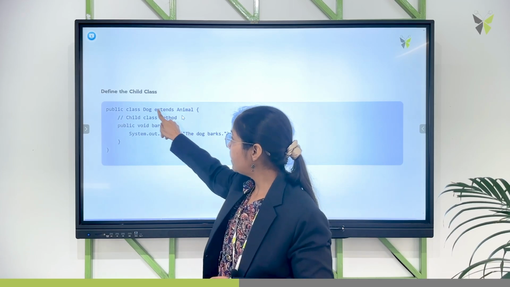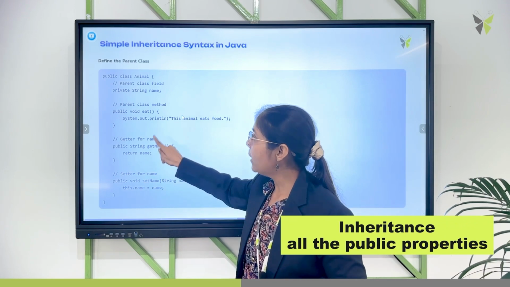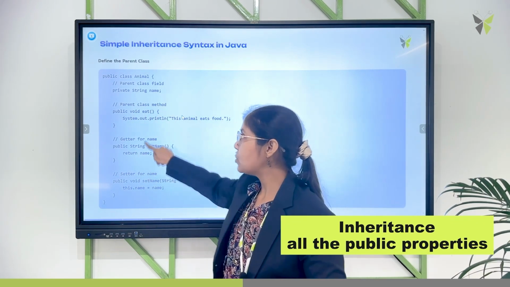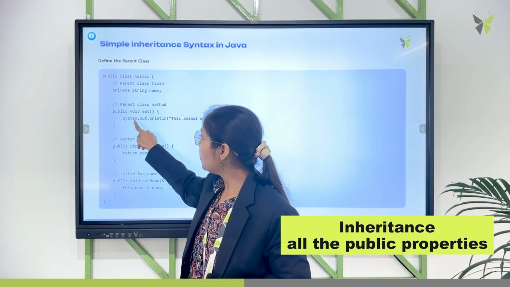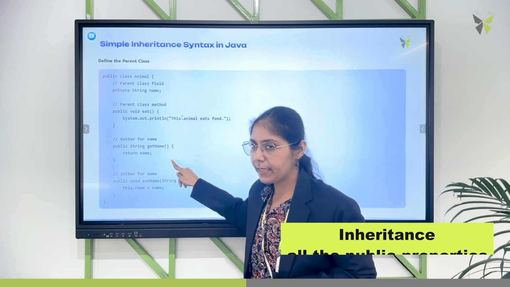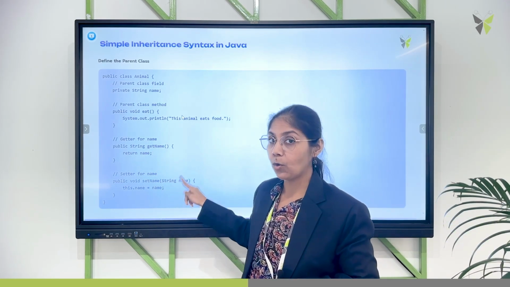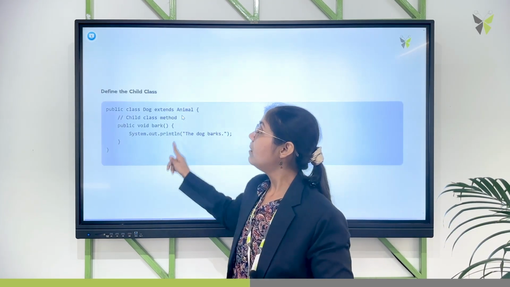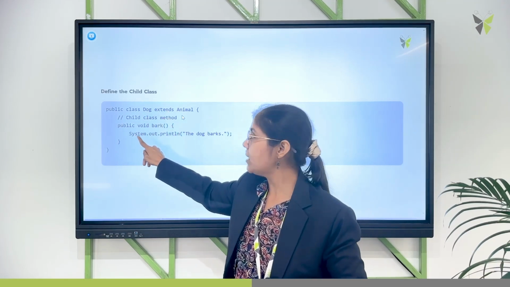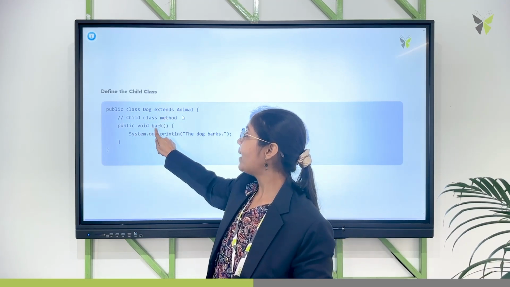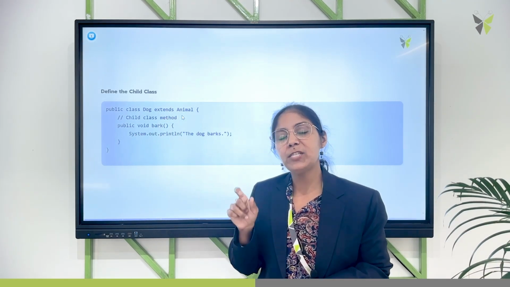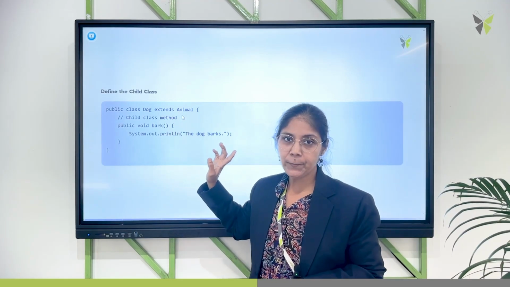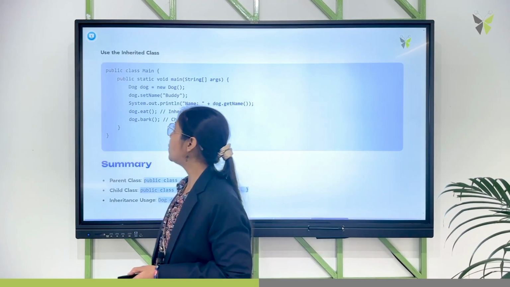You will notice that the class Dog is going to inherit all the public properties, not the private properties. So it is going to get the eat method, the getName method, and the setName method inherited. These methods will be included by default in my Dog class. Plus, in my Dog class, we are adding one method called bark, which is very specific to the Dog class. This is how inheritance will be implemented.